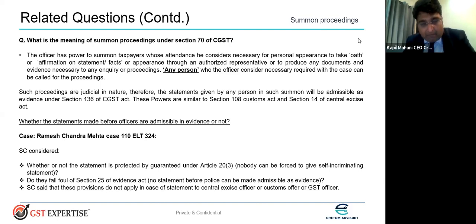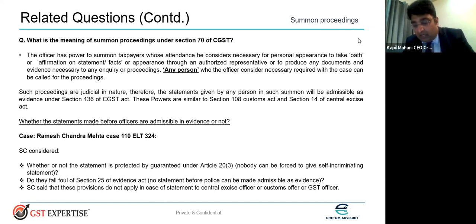So what is generally happening is, when any statement is given under the CRPC, when police have arrested some person for any theft and that person has given a statement, the police cannot use that statement till the time it satisfies the condition. So that statement cannot be used, under Article 20(3) and Section 25 of the Evidence Act.